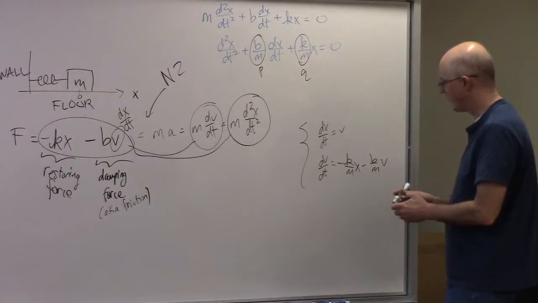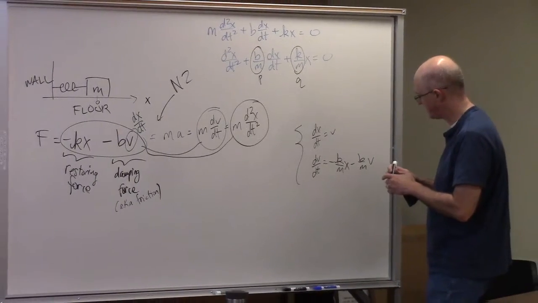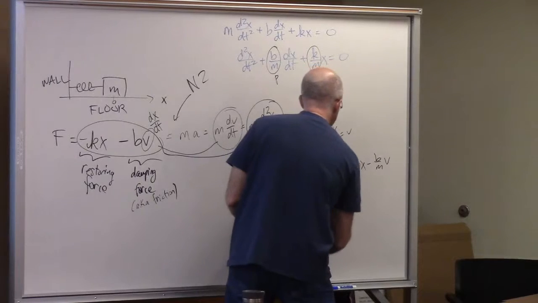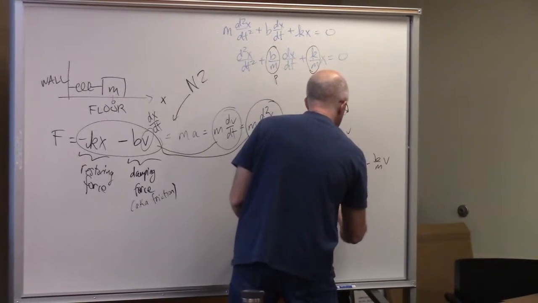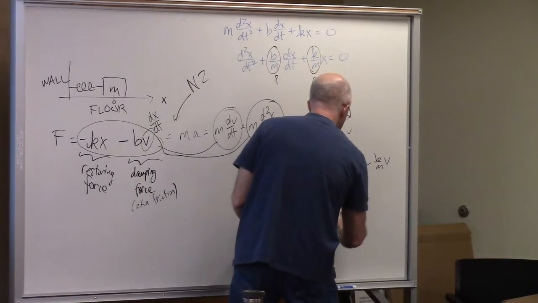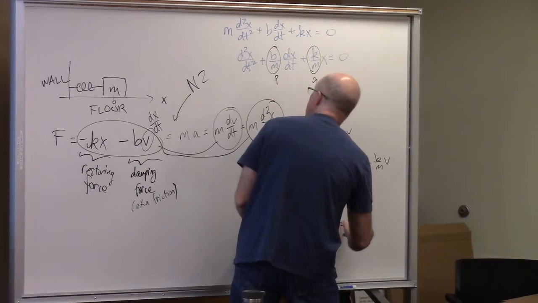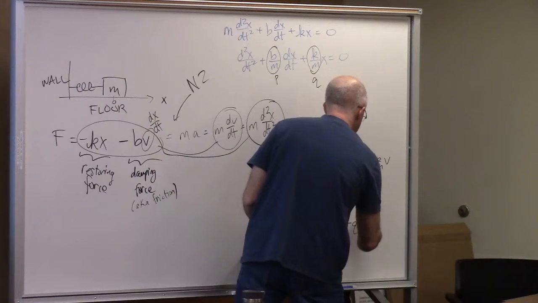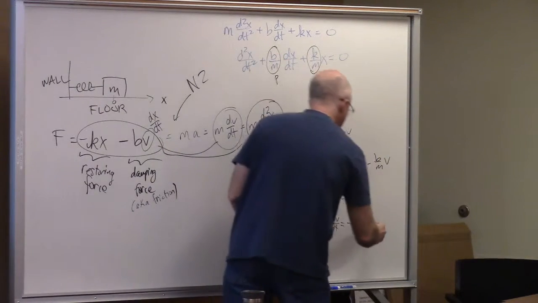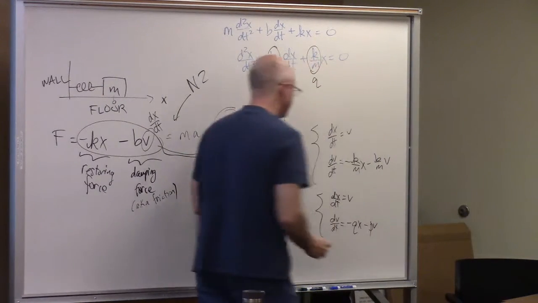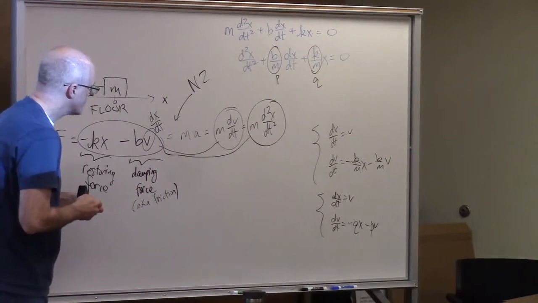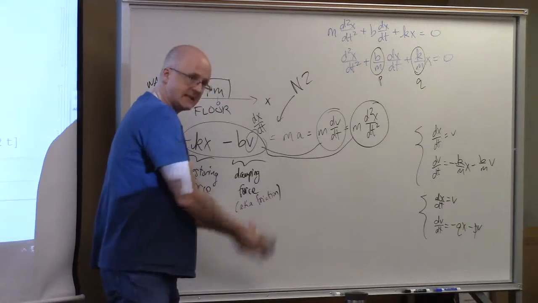You can also then, like I did before, replace b over m with p and k over m with q. You could also write this as dx dt equals v, dv dt equals k over m is replaced by q. You get negative qx, and if b over m is replaced by p, you get minus pv. There's a system of differential equations.